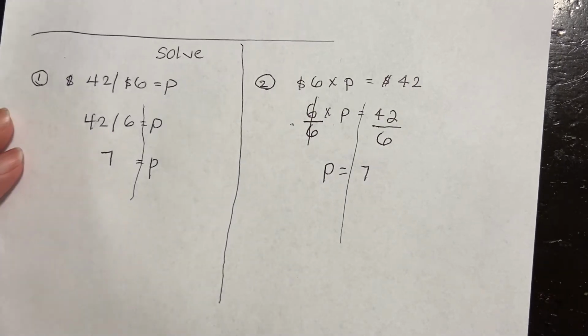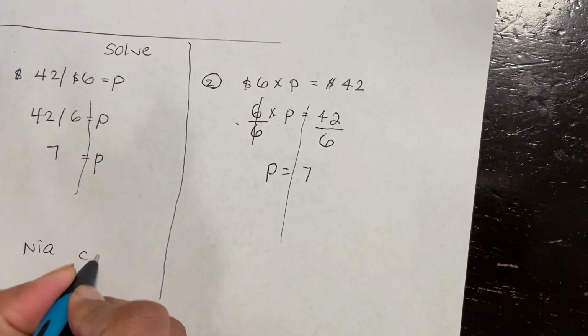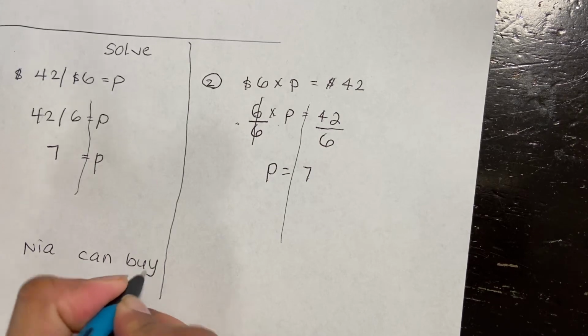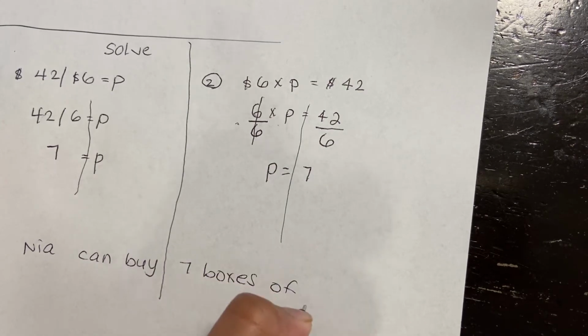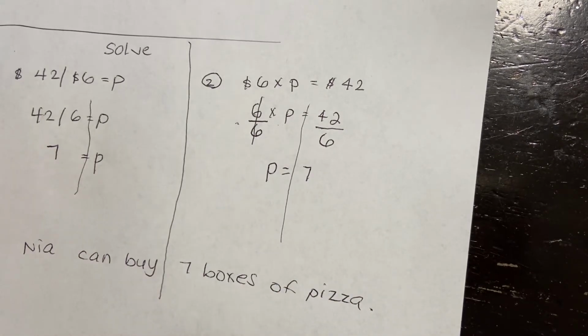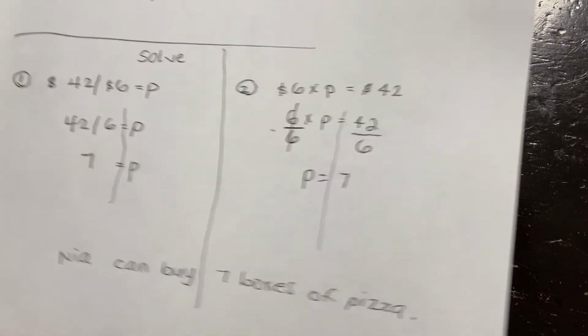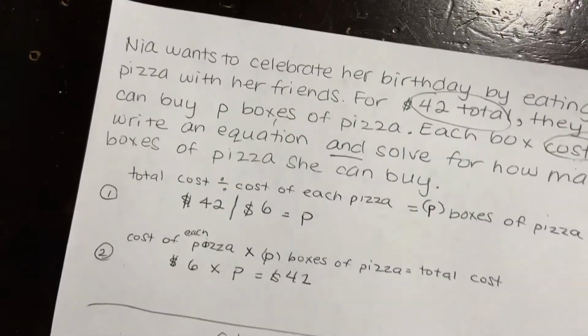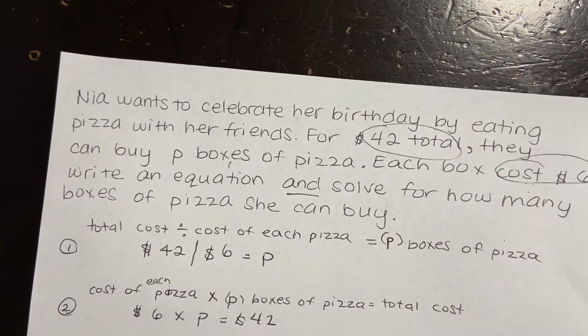So in this case, Nia can buy 7 boxes of pizza. Okay, and that's one example of how we can go about solving word problems, writing an equation for word problems and solving for it.